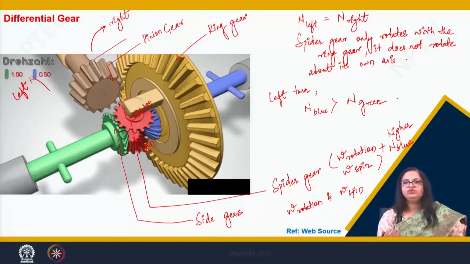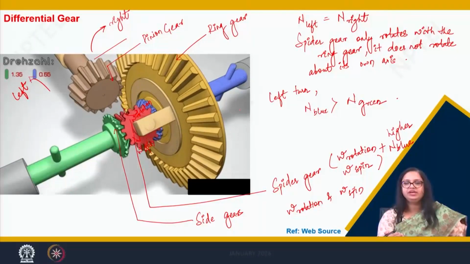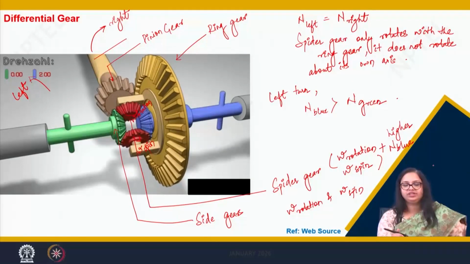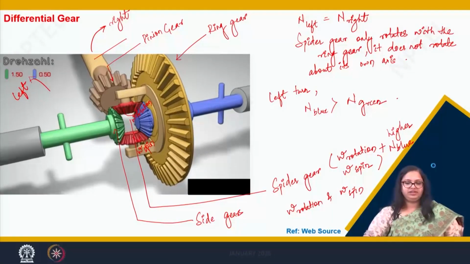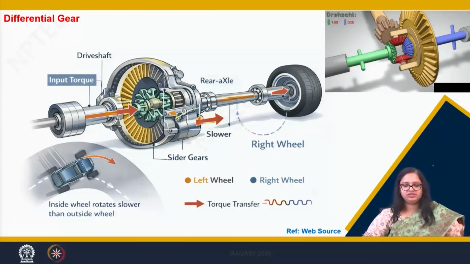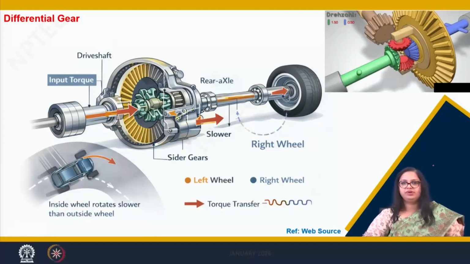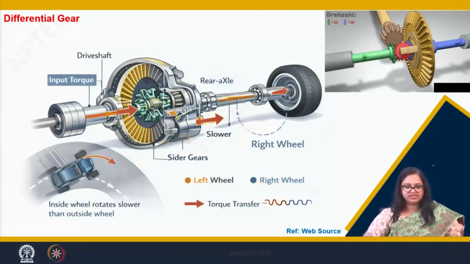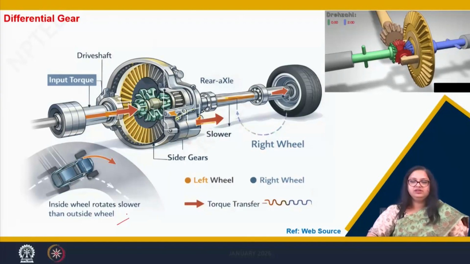That slows down the speed of the right hand side, so that the vehicle can take a right turn without skidding. I have already explained how the vehicle takes a turn, where the inside wheel rotates slower than the outside wheel.